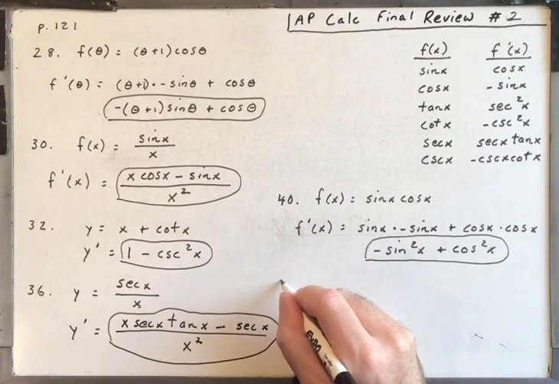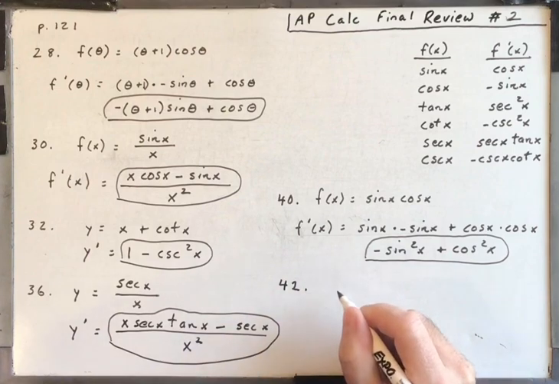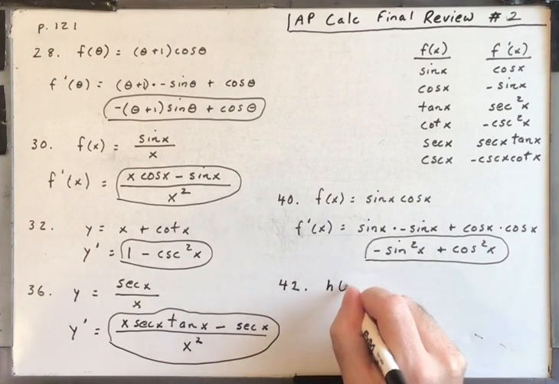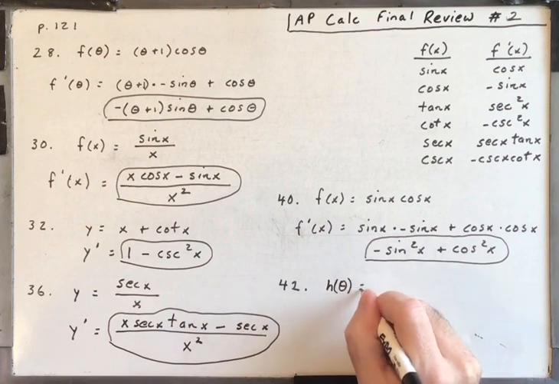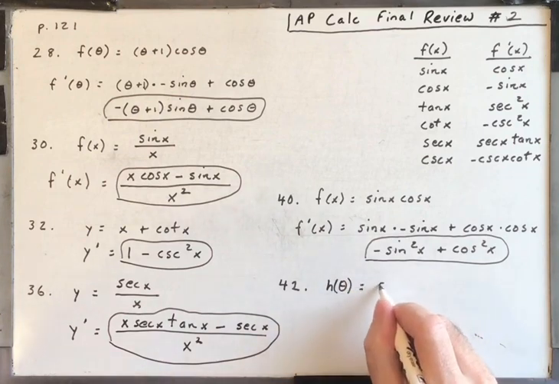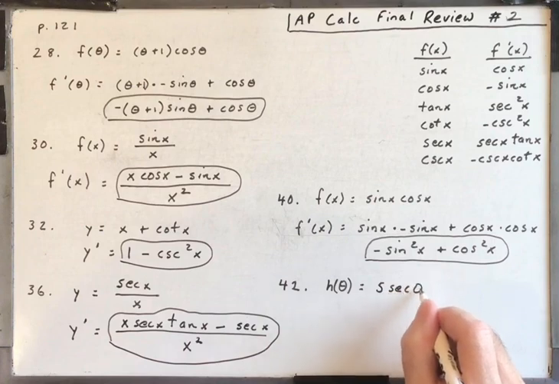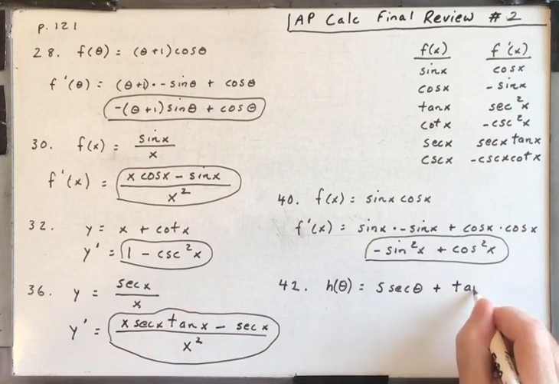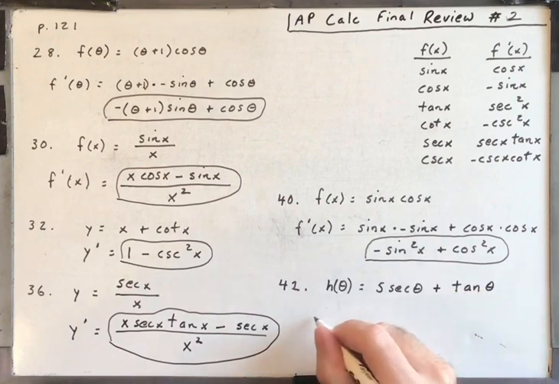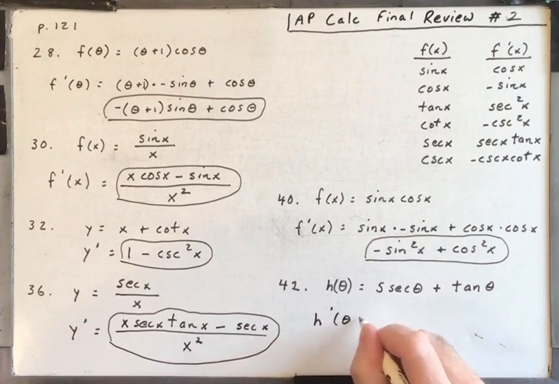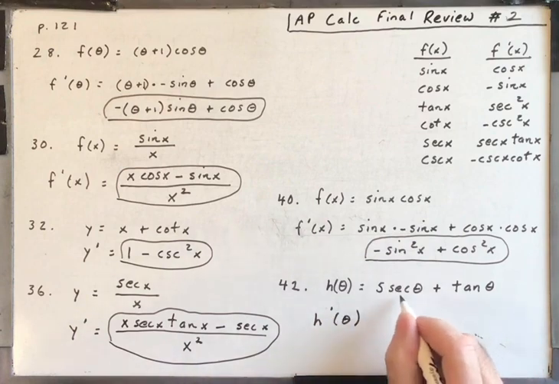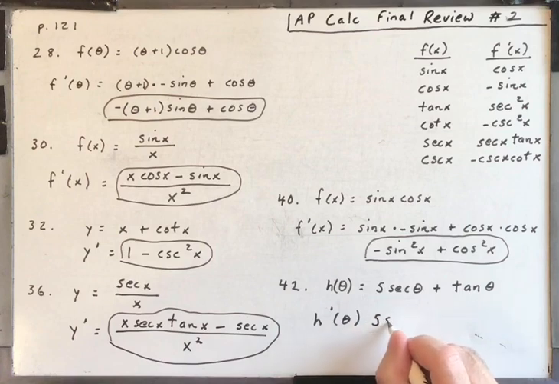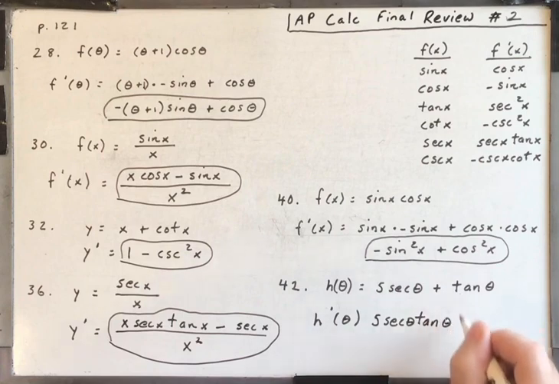Let me squeeze in number 42 here and then I'll erase. So with 42 we have h of theta is equal to 5 secant theta plus tangent theta. All right, h prime of theta, the derivative of secant theta would be secant tangent, so that's 5 secant theta tangent theta plus secant squared theta.